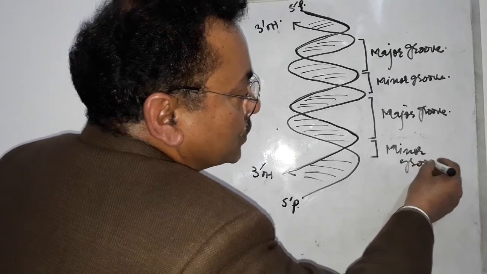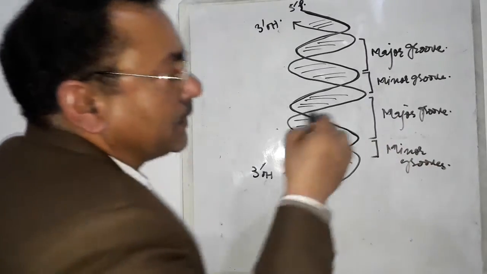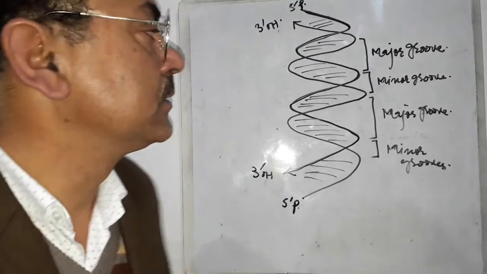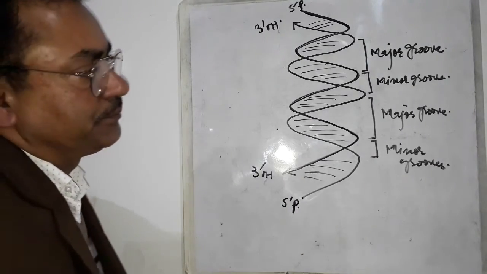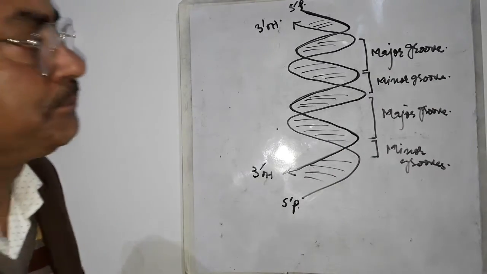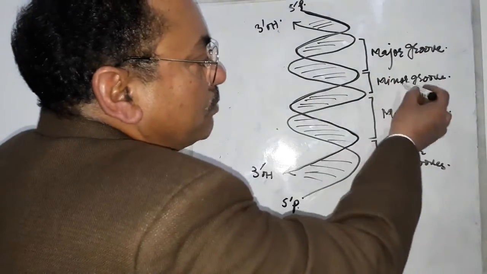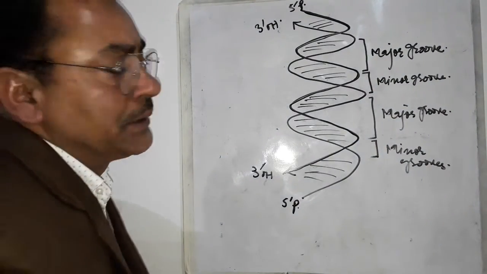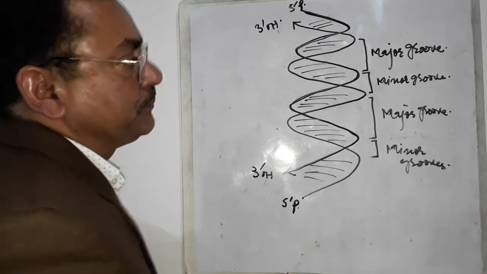If these grooves are formed alternately in your diagram, you think that the diagram is correct, because these must be formed in the DNA diagram. Major groove, minor groove, major groove, minor groove. They alternately are placed, so they follow each other.